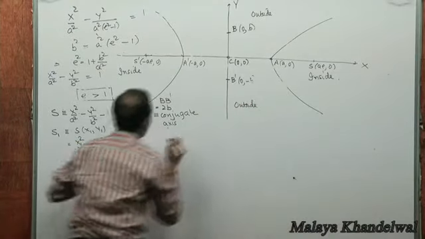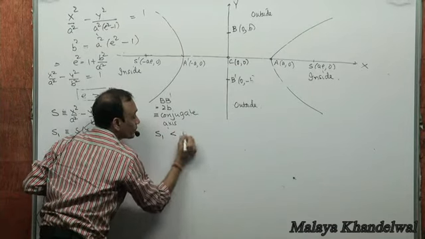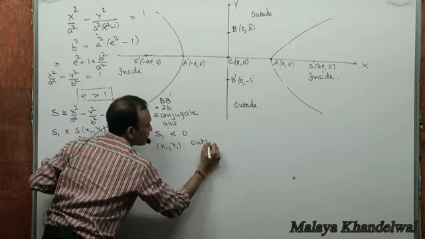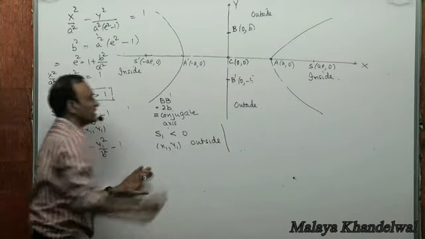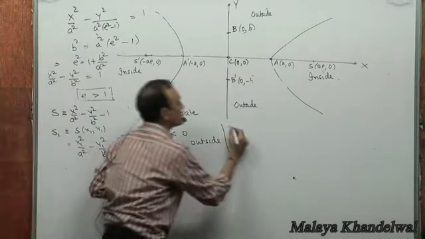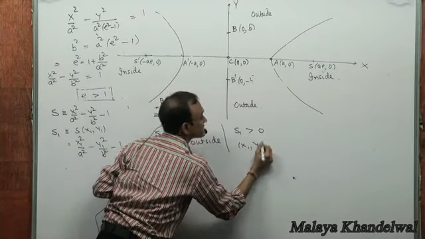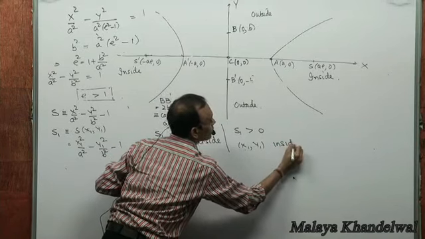That means if S1 is less than 0, then x1, y1 is outside. If S1 is greater than 0, then x1, y1 would be inside the hyperbola.